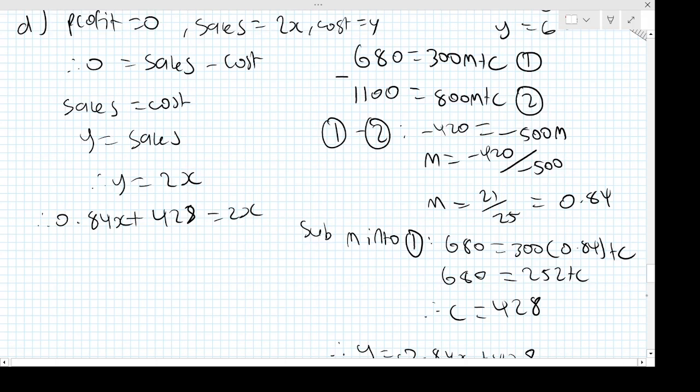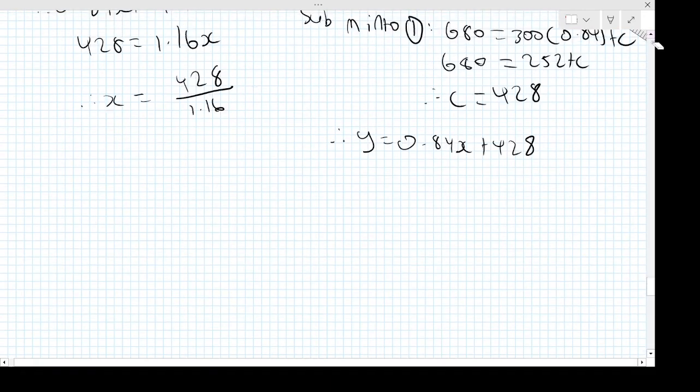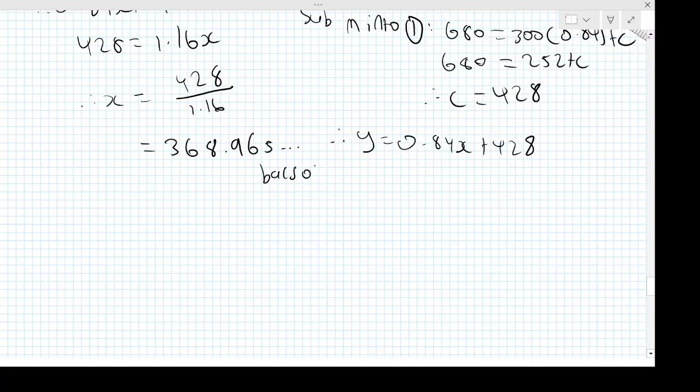So if I move all the x's to one side, so 428 is 2x, take away 0.84x, that will give me 1.16x, okay? Therefore, x then is 428 divided by 1.16, and that would get me 368.965... bars of soap.